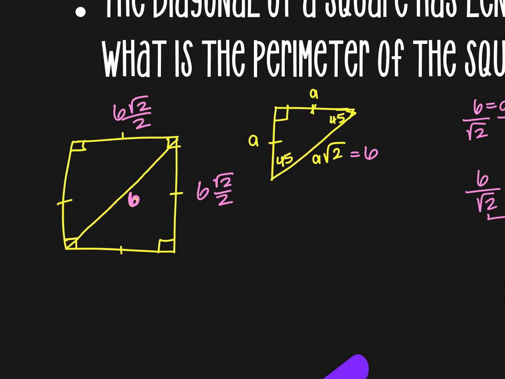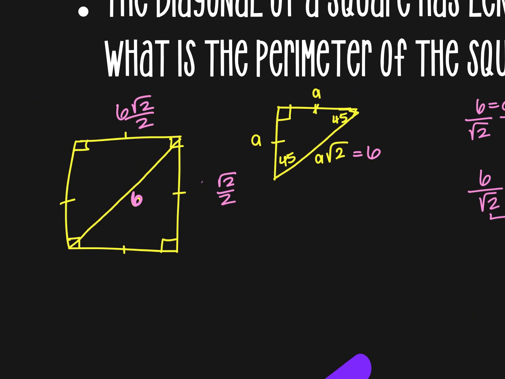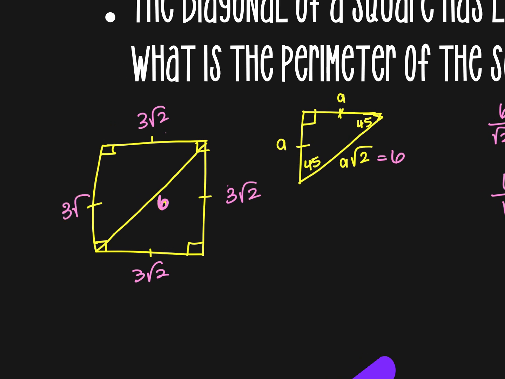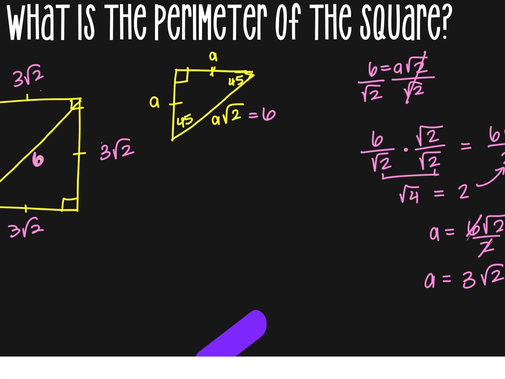Okay, so I'm going to erase these and put my simplified answer. 4 sides. 6 what am I putting? Not 6. 3 radical 2, and 3 radical 2, and 3 radical 2, and 3 radical 2. Going ahead and multiplying it by 4. 4 times 3 radical 2.